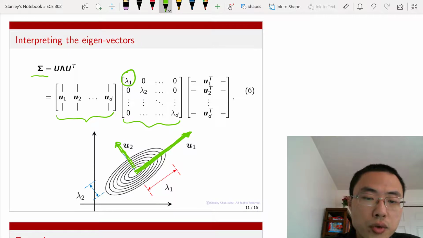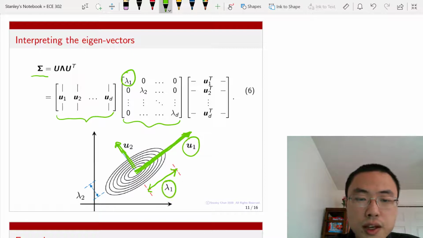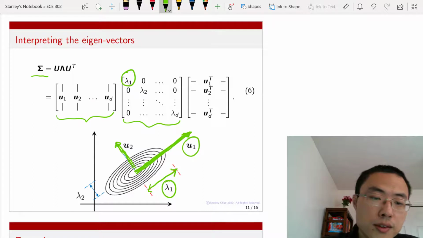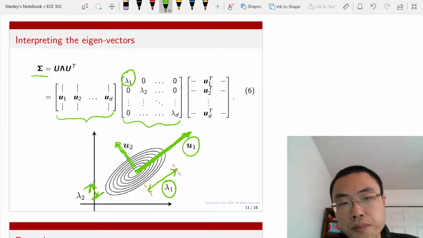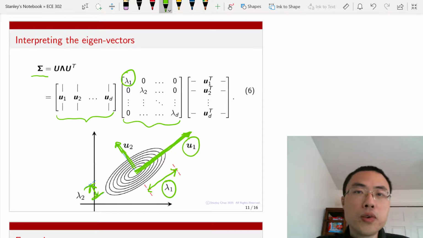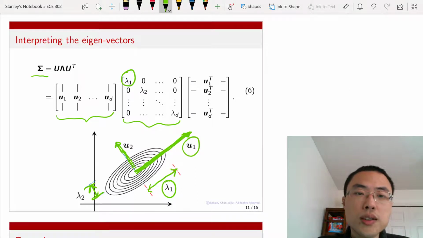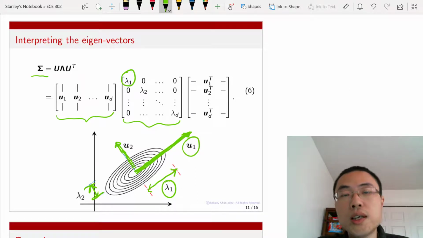Now, the radius of this major axis, so here you have u1, then this value lambda 1 will correspond to the radius of the major axis. Lambda 2 will correspond to the radius of the minor axis. And therefore, if I tell you the covariance matrix sigma, you run the eigen decomposition, then you will be able to determine the orientation and also the size of this ellipse.